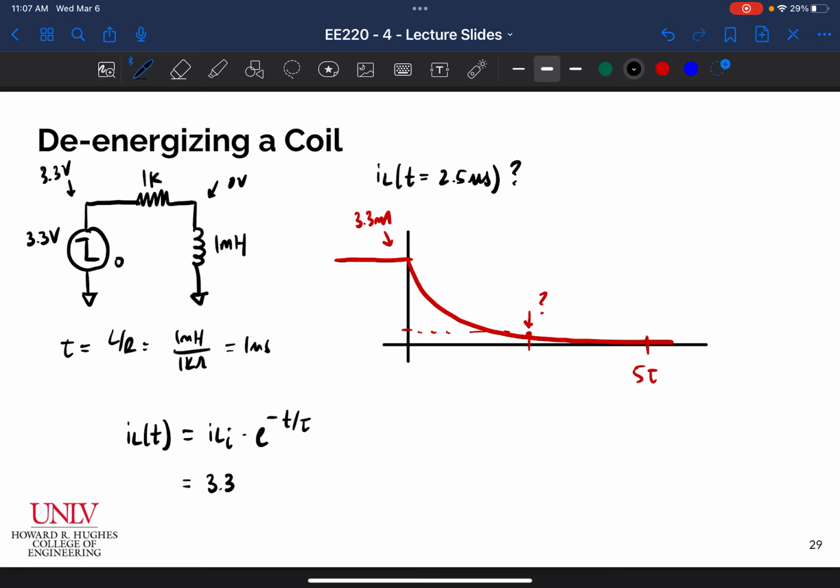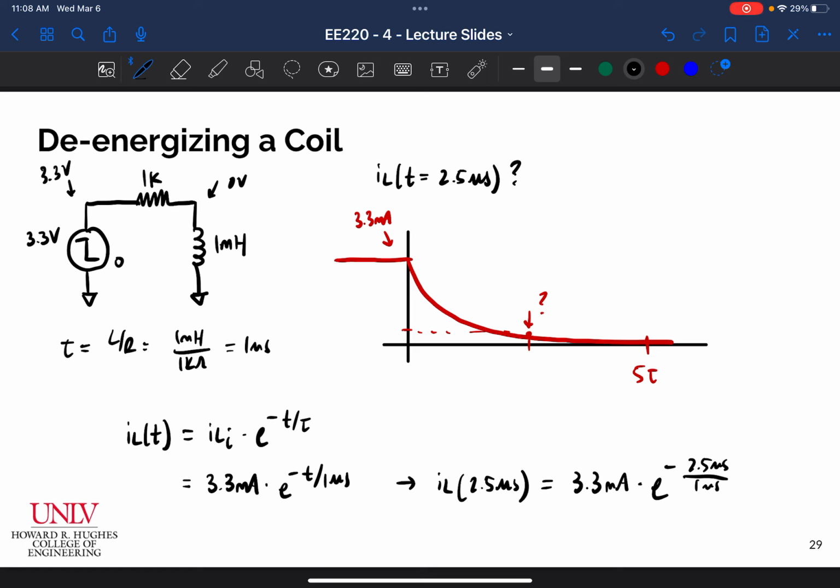So I'm going to write 3.3 milliamps times e to the minus t over 1 microsecond. To determine IL of 2.5 microseconds, all I need to do is plug in e to the minus 2.5 microseconds divided by 1 microsecond, and I can determine that current.